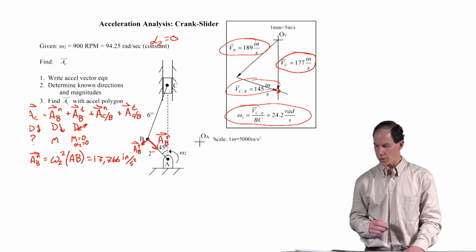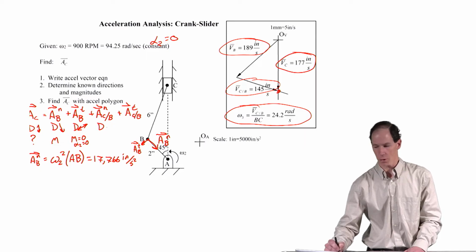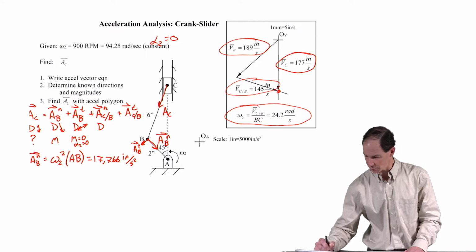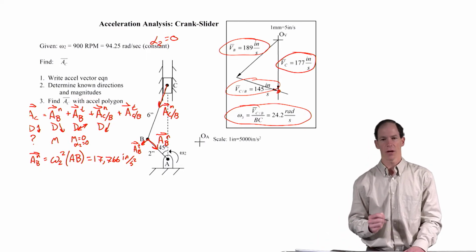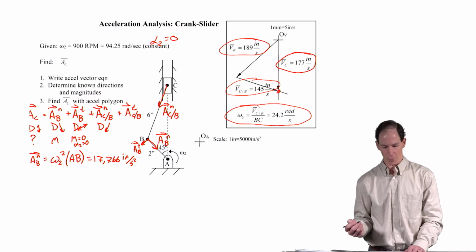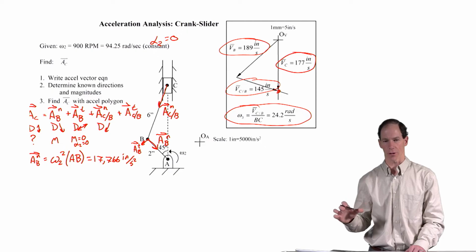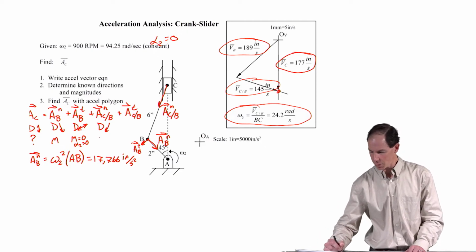Then moving on, I would have the acceleration of C with respect to B, normal. So this I will have direction. And remember, this is going to be pointing back down this link right here. So I know its direction is pointing back down. And its magnitude is going to be equal to the angular velocity of link 3, that coupling link, or the conrod, squared times the distance from B to C. So I will also know its magnitude.